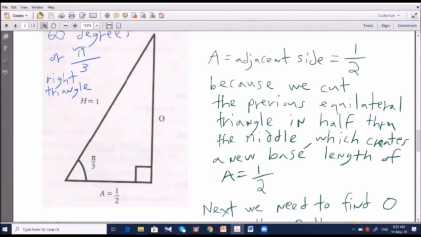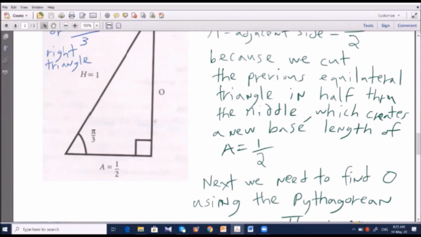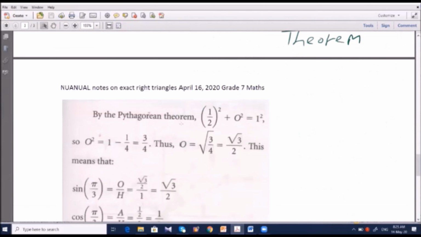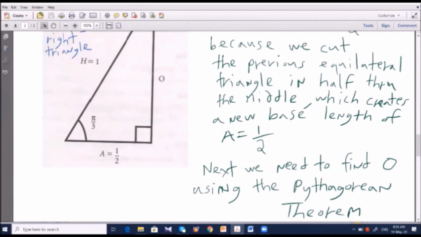I know that my base of the triangle is going to be 1/2. That's the adjacent side. For the height, you can just use the Pythagorean theorem. You get that the length of the opposite side, or the height, is the square root of 3 over 2. Do you understand? The square root of 3 over 2.